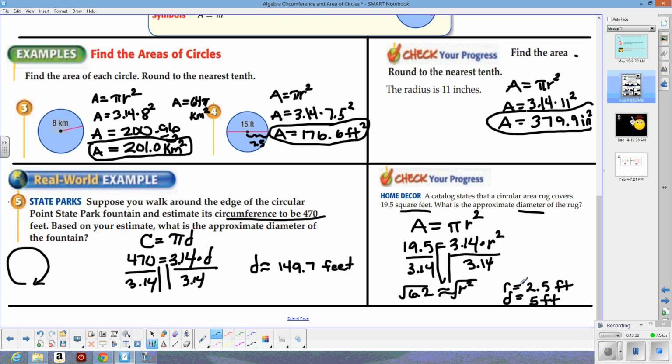We want to plug in 2.5 for r, not 5. This is our answer. Diameter is 5 feet, but we don't want to plug in 5. We want to plug in the 2.5. No wonder it wasn't making sense. 3.14 times 2.5 squared. And that works out to be 19.6 when I plug it back in, which is really close to 19.5. So we are pretty darn close to the answer. Again, it's not going to be exact because these were rounded.